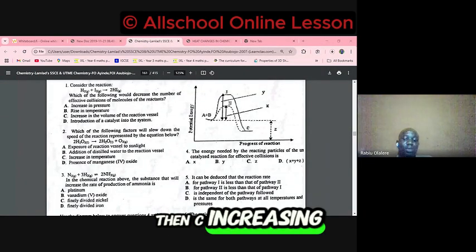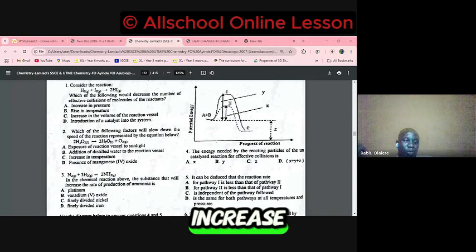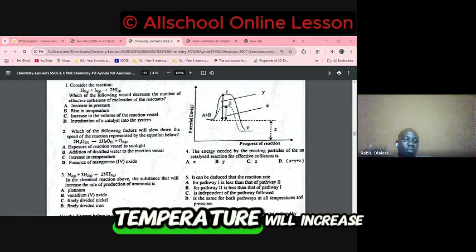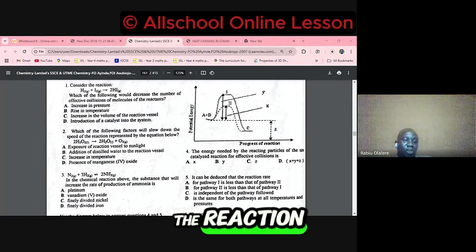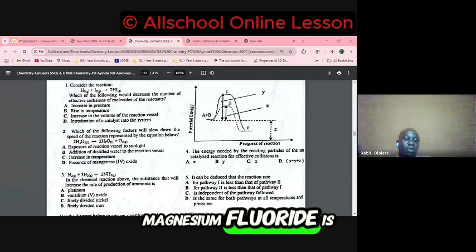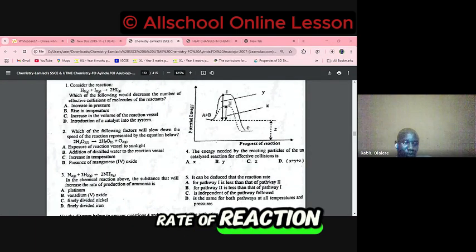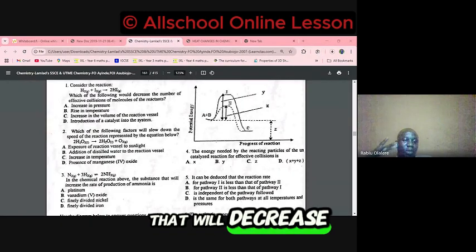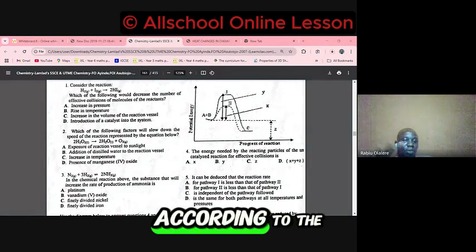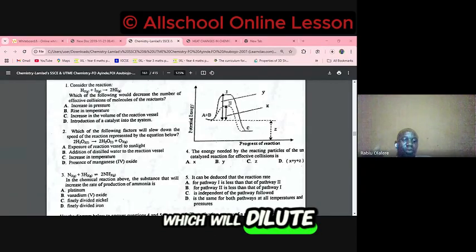Then C, increasing temperature. Remember, when you increase temperature, the rate of the reaction will increase. Then D, presence of manganese oxide. Manganese oxide is a catalyst. A catalyst will increase the rate of the reaction. So the only one that will decrease the rate of the reaction, according to the question, would be addition of distilled water, which will dilute the solution.